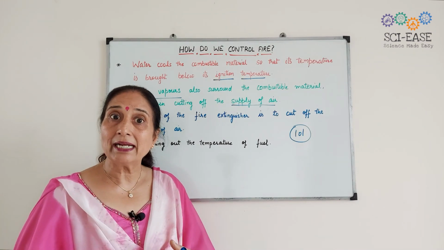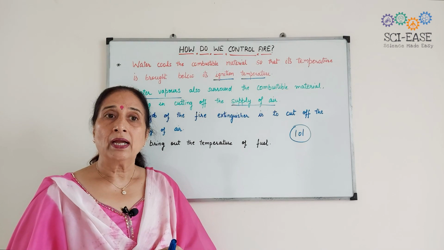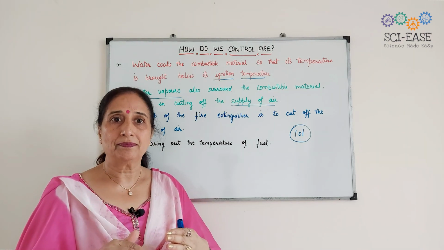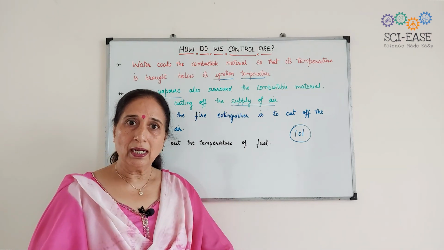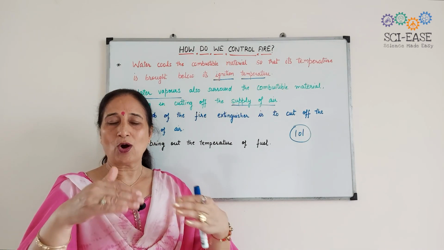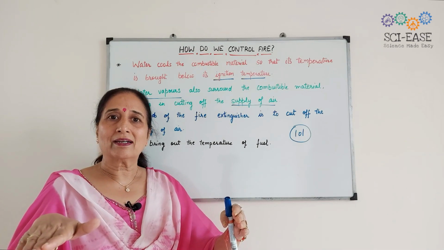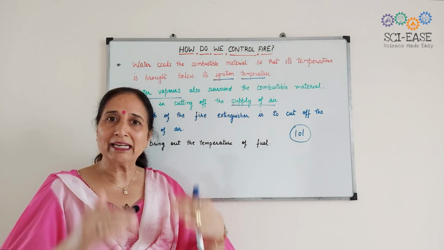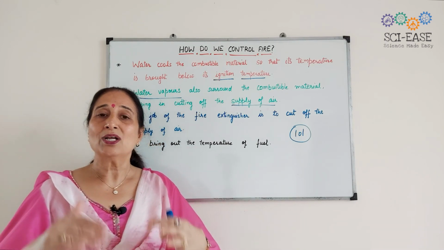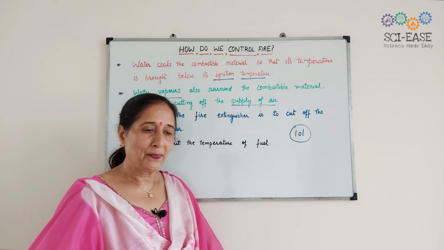Carbon dioxide is a very good extinguisher of fire. Being heavier, it comes down, and oxygen being lighter stays above, so carbon dioxide has direct contact with the combustible material and the fire is extinguished.